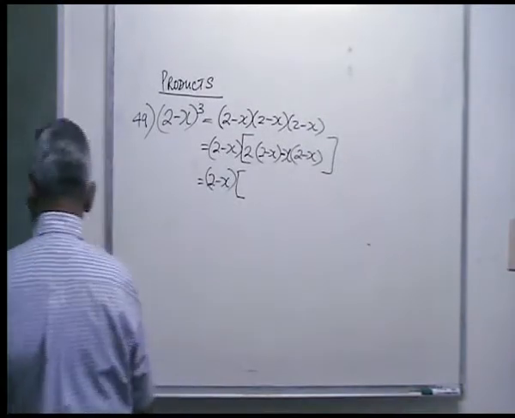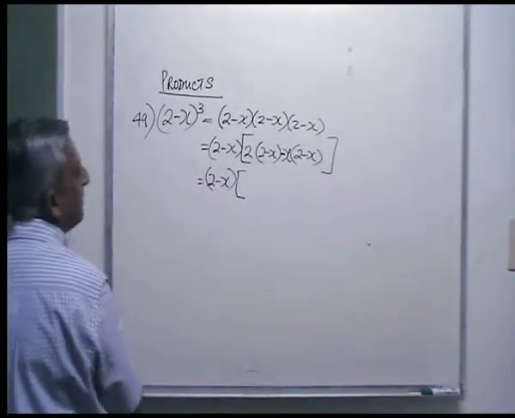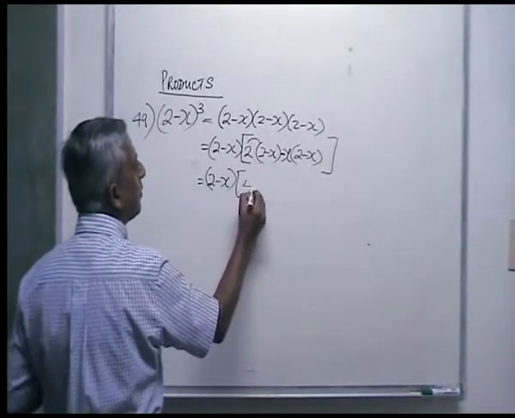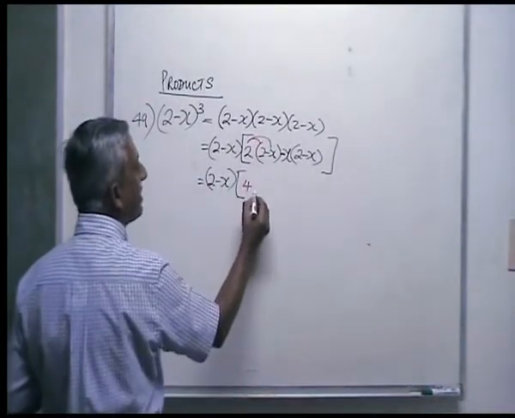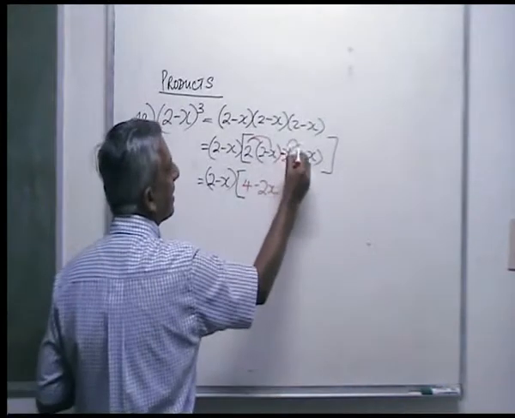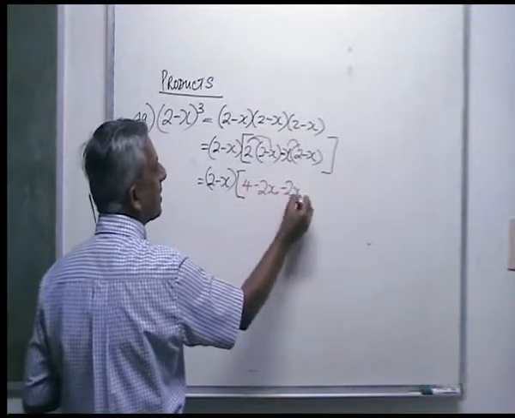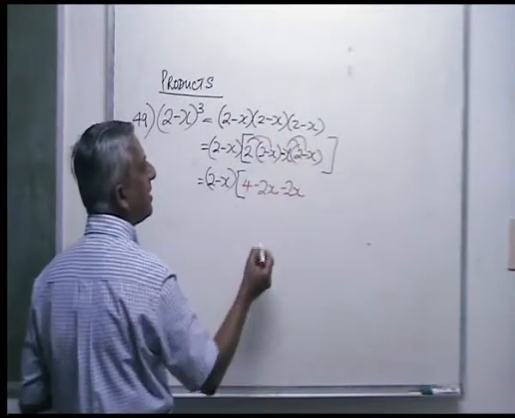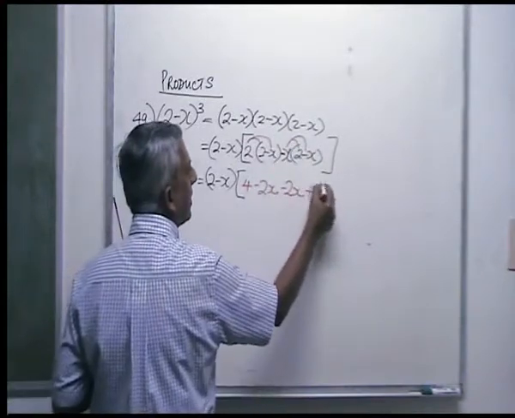Right, let's use some colors, make things clear. 2 times 2, 4. 2 times minus x will give you minus 2x. Minus x times 2 will give you minus 2x. Minus times minus will give you plus x squared.